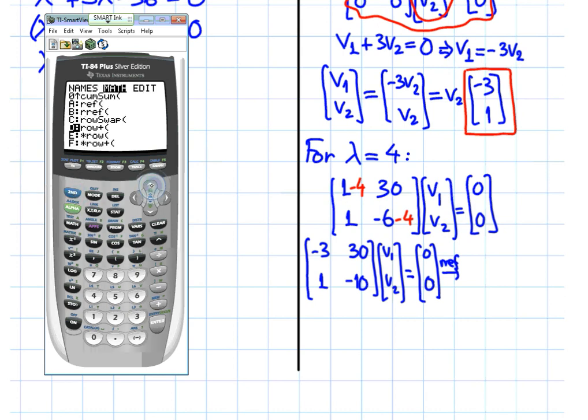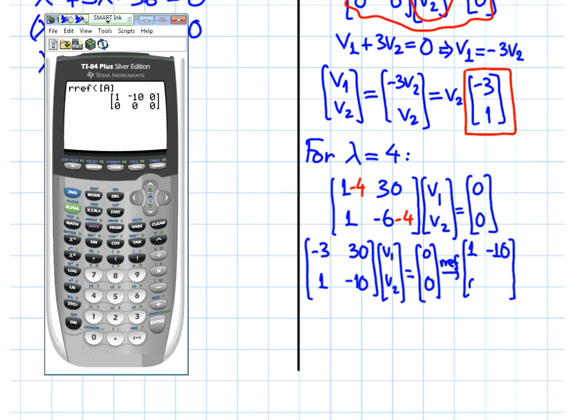Go to the reduced row echelon form, but this time we apply that to the matrix A. So under names 1, hit enter. Of course, we don't even need the calculator for this form, but I just want to show you this. So later on, when we have the 3 by 3, it will be easier with the calculator.